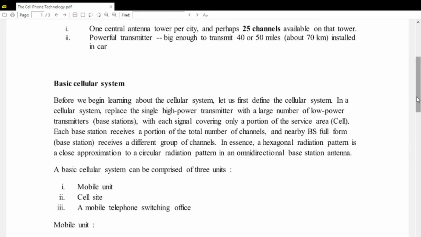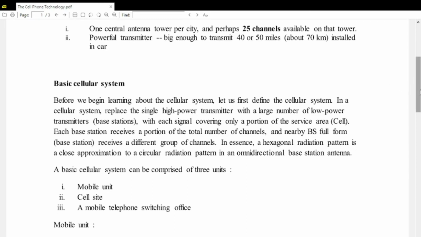This was the base unit. You can even compare it with the low power transmitter. Then there was a mobile telephone switching office. These were the critical components that constitute a cellular system.